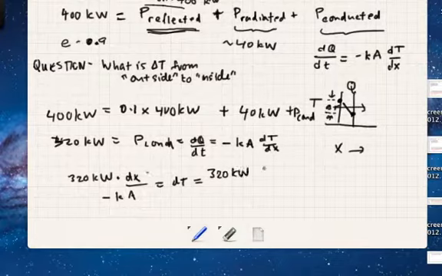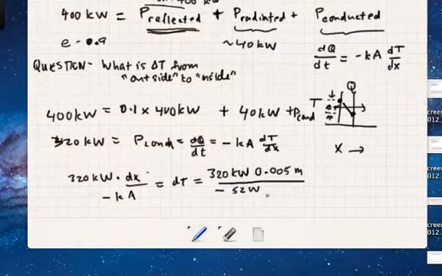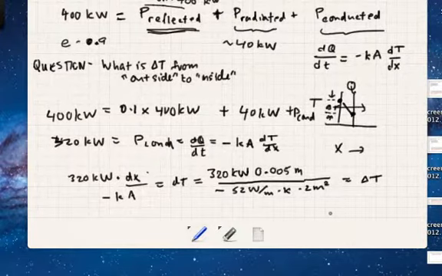We know that dx is 5 millimeters from the problem, so 0.005 meters, divided by negative k, which is given in the problem as 52 watts per meter Kelvin, times the area of 2 square meters, equals delta T. Or we'll call this T2 minus T1.